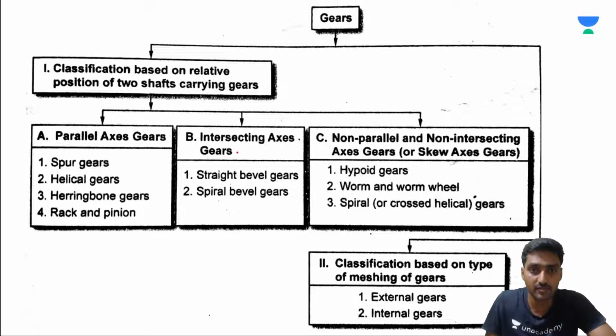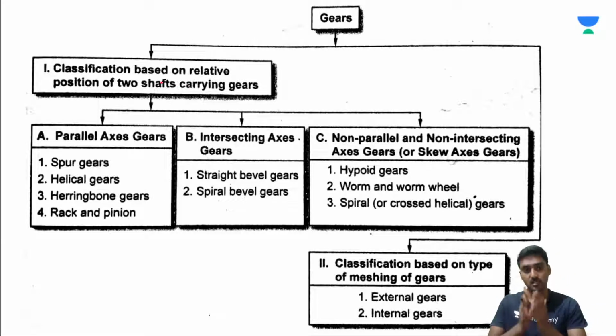Next, classification of gears. There are two major classifications. Classification based on the relative position of the shafts carrying the gears. The two shafts are there carrying the gears, driver as well as driven gears, right?